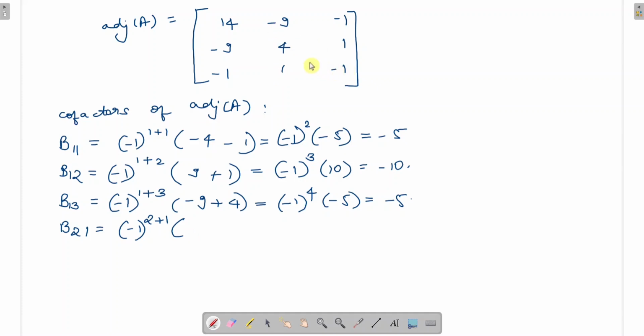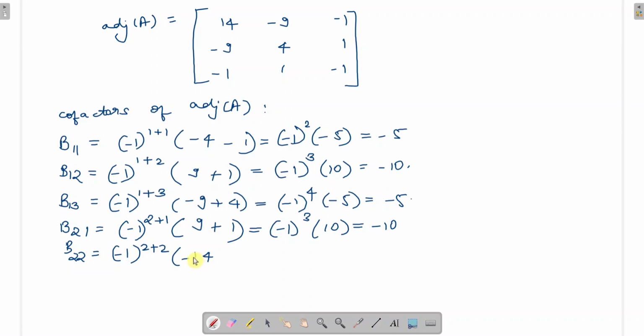Then B21 is equal to minus 1 raised to 2 plus 1. So second row and first column, that is nothing but 9 plus 1. So minus 1 raised to 3 times 10, that is minus 10. Then B22, minus 1 raised to 2 plus 2 times minus 14 and minus 1, which is equal to minus 1 raised to 4 times minus 15, which is equal to minus 15.